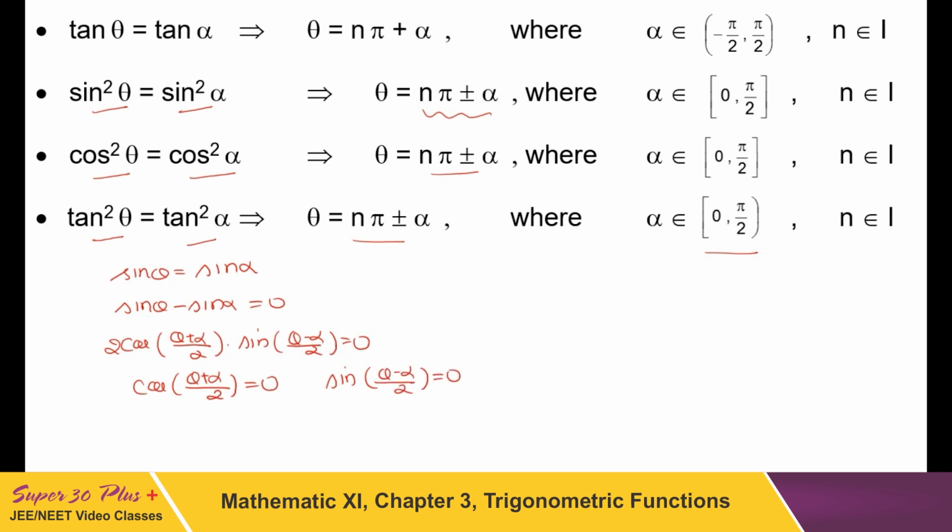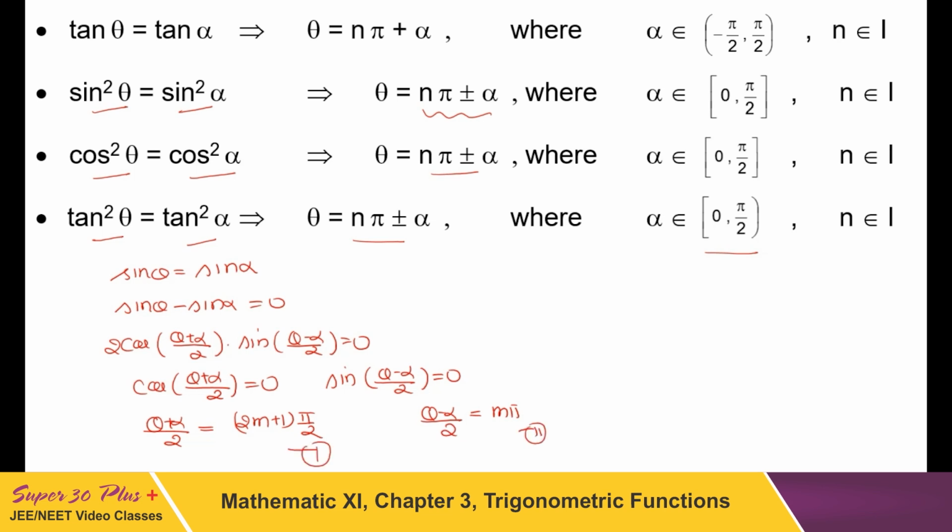As we know, theta plus alpha by 2 is equal to an odd multiple of pi by 2, and in this case theta minus alpha by 2 is equal to m pi, or we can say a multiple of pi. Now we are going to solve this equation and this equation.